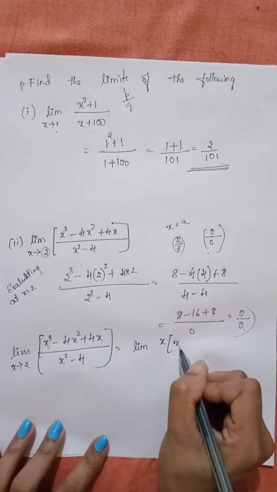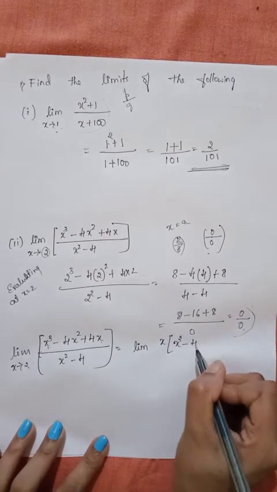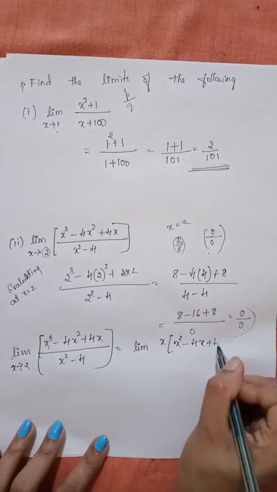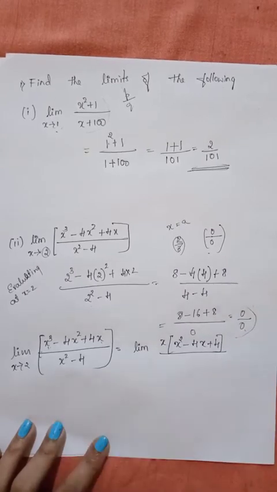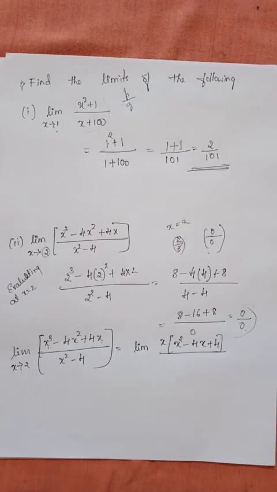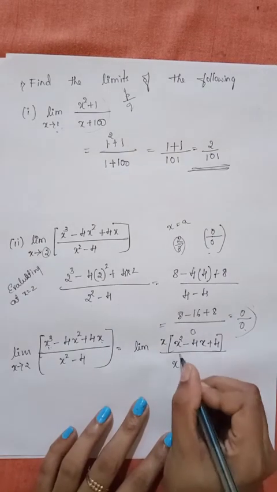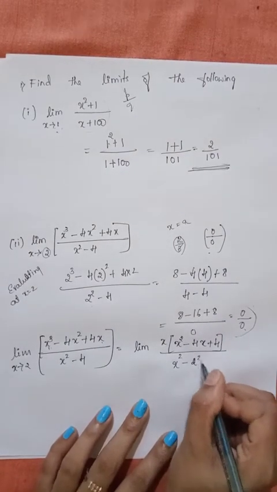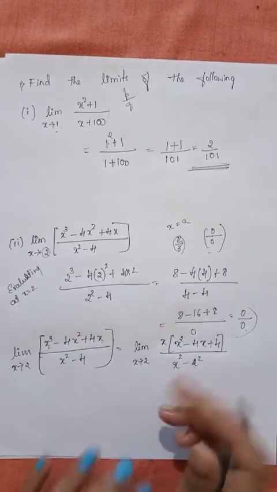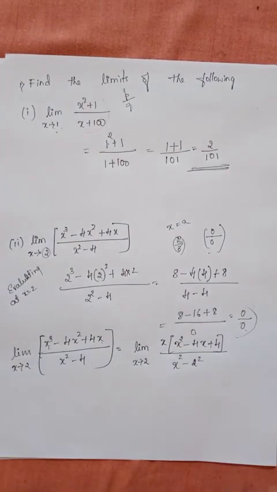What is remaining in the numerator? x square minus 4x plus 4. The denominator is in the form x square minus 4, so we can write 4 as 2 square, as x tends to 2. The other things remain as they are. In the numerator, we have taken x common. In the denominator, we are writing 4 as 2 square.